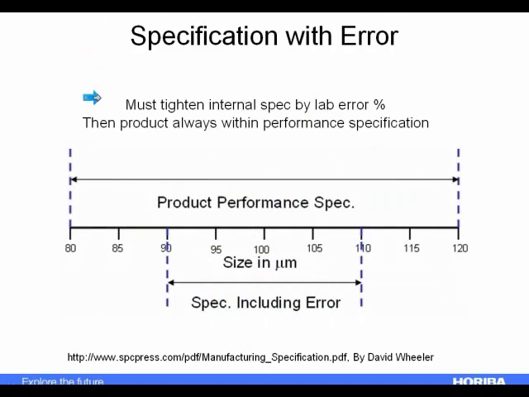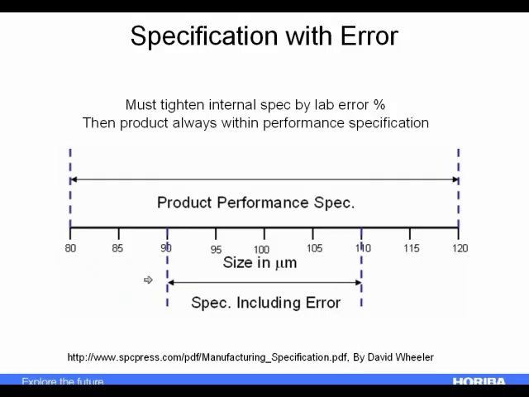So we're getting down to the last few points on setting specifications, and we've decided now, because of the performance of this product, we want the D50 to be between 80 and 120 microns. But we also know there's some error in the measurement or in the sampling, so we have some kind of error from the laboratory.